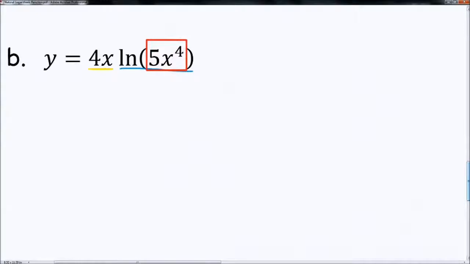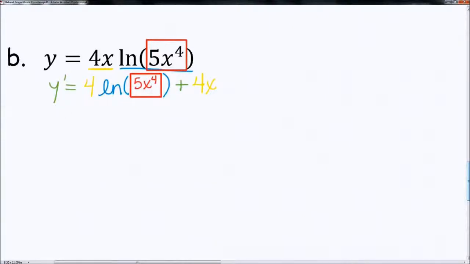So y prime: the derivative of the first, the derivative of 4x is 4, times the second, and we'll put in our ln of 5x to the 4th in there. And we're going to add it to the first, 4x, times the derivative of the second.